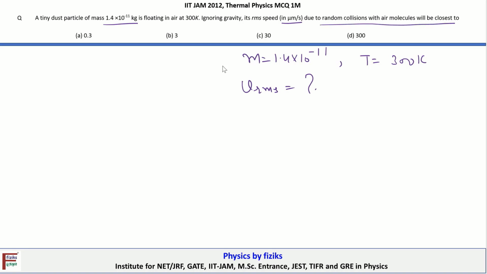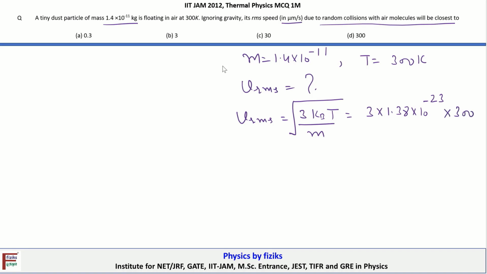So if you recall the expression for the root mean square speed, VRMS is equal to the square root of 3kT upon the mass of the gas molecule. So this is equal to 3 times the Boltzmann constant, 1.38 into 10 power minus 23, multiplied by the temperature 300, divided by the mass, 1.4 into 10 power minus 11 kg, all under a square root.